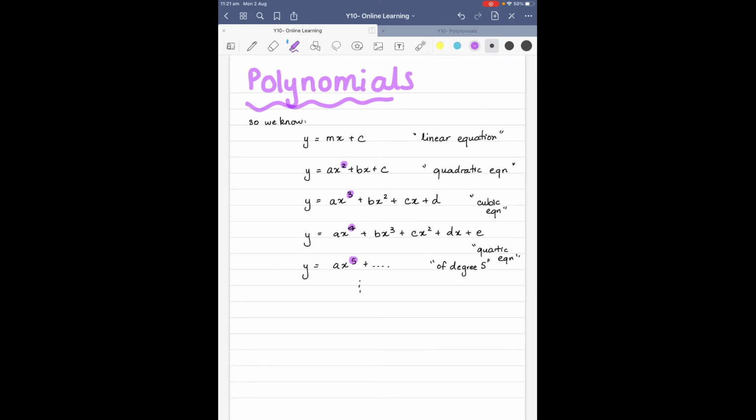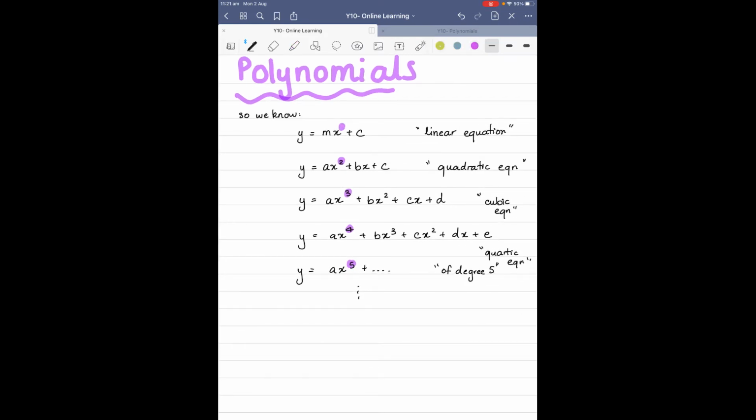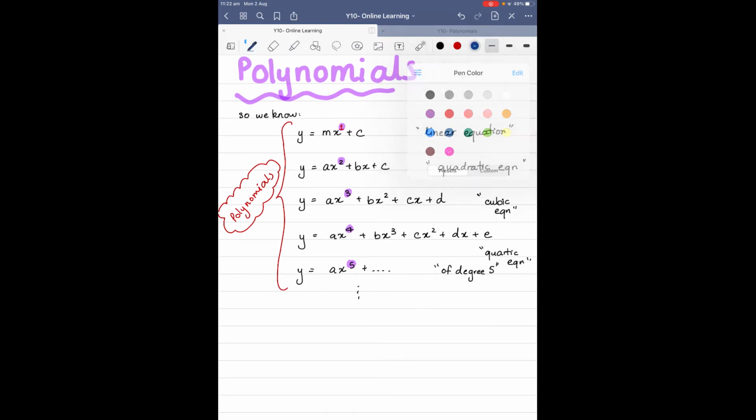Now, for your linear equation, our highest power is an invisible 1. So just keep that in mind. All of these here are called polynomials. Alright, so they're also functions, but we can also call them polynomials. Because this equation here, the linear equation, has a power of 1, we have a special name for this type of equation.